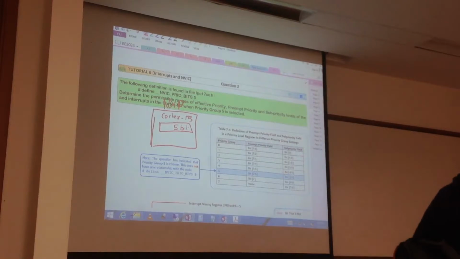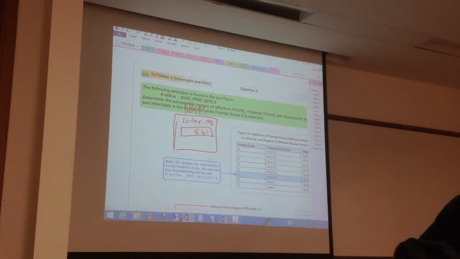If some other manufacturer makes use of the Cortex M3, they may reserve just 3 bits for the priority. Maybe this is STM, or maybe someone else like Texas Instrument.